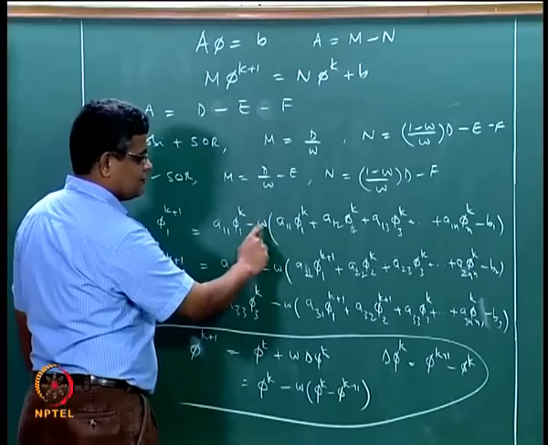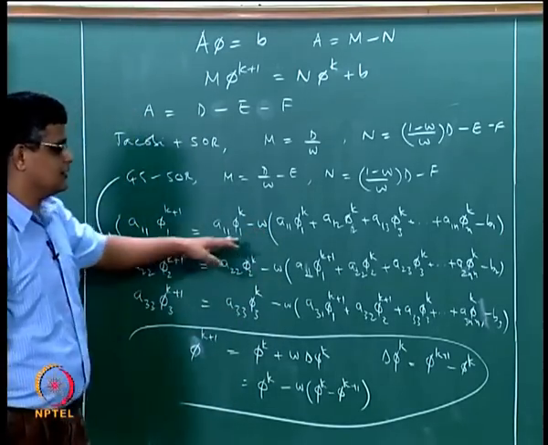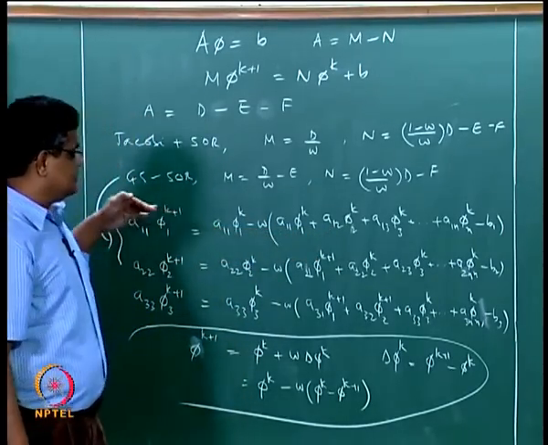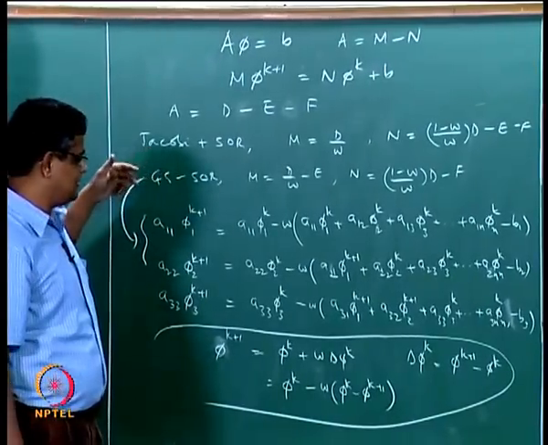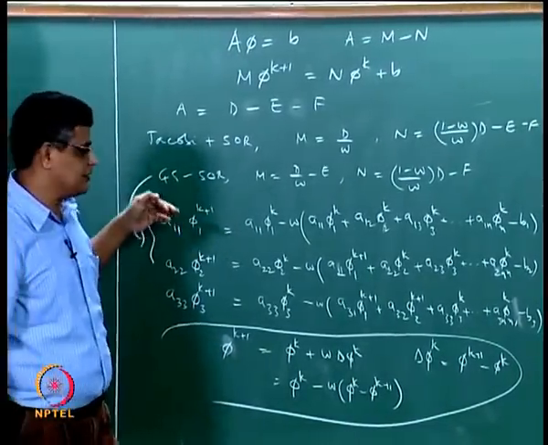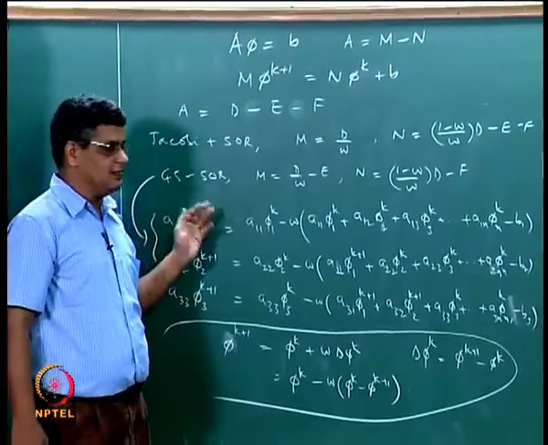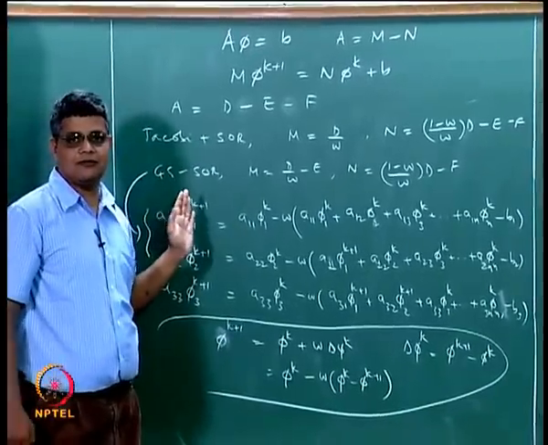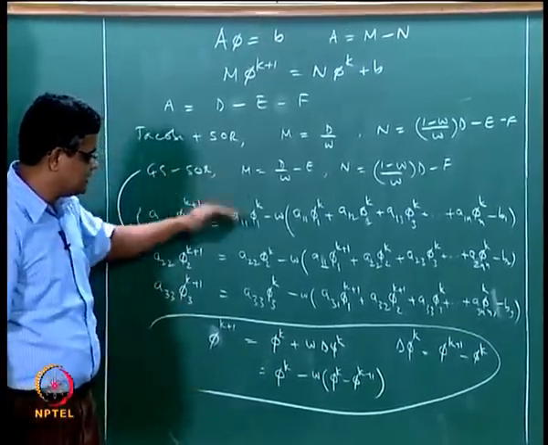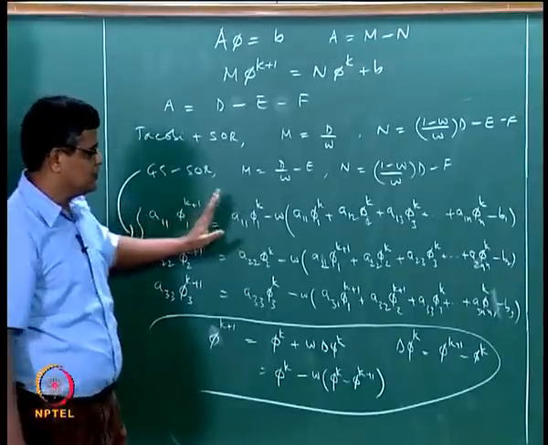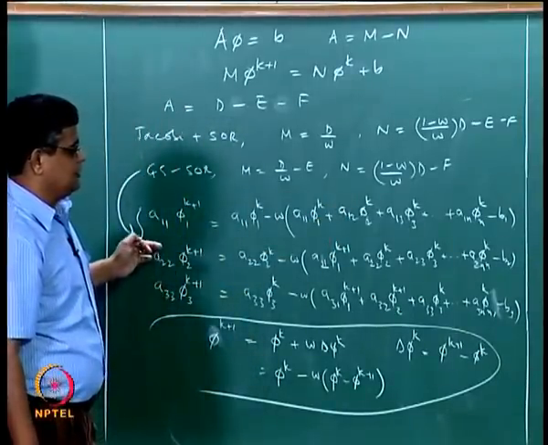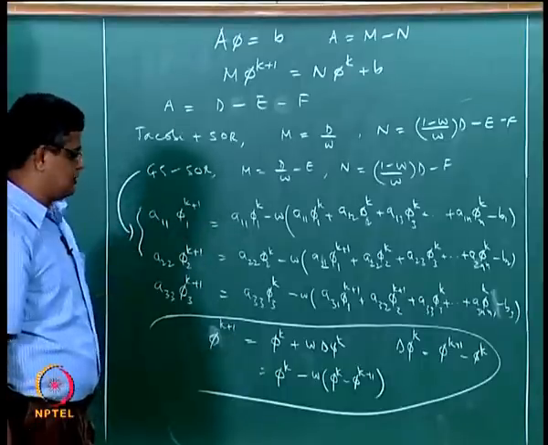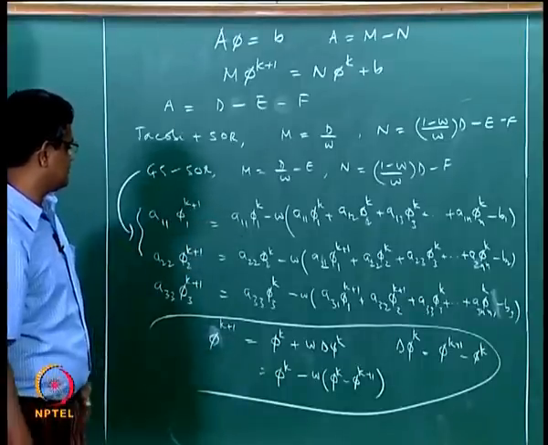It is only one additional multiplication by omega that is required. So implementing the SOR method into the Gauss-Seidel method does not increase the computational time significantly to go from k to k plus 1. That is why we have written it in this nice form, so that we can take advantage of the limited number of computations that we have to do.